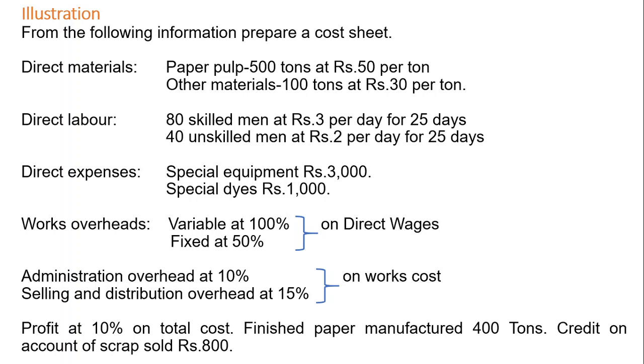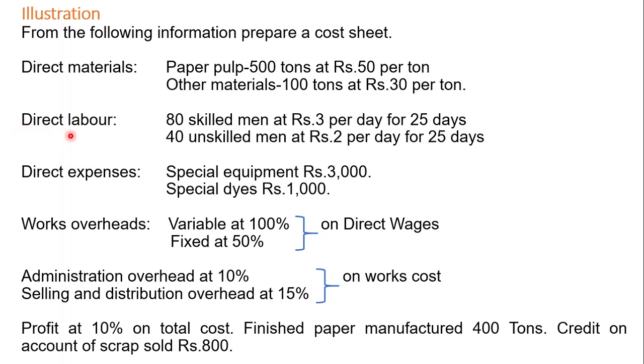So that's why we need to maintain a separate column for calculation of per ton. Other materials, under direct materials only, are also purchased by the company. That is 100 tons at the rate of rupees 30 per ton. So there are two categories of direct materials given.